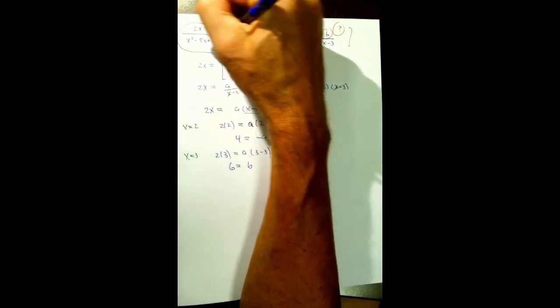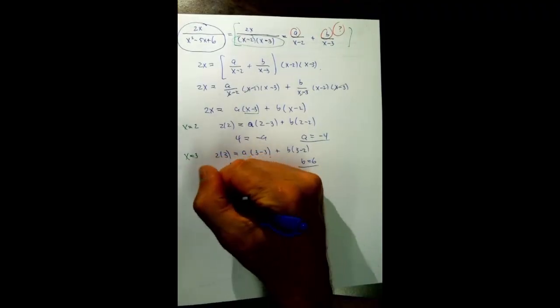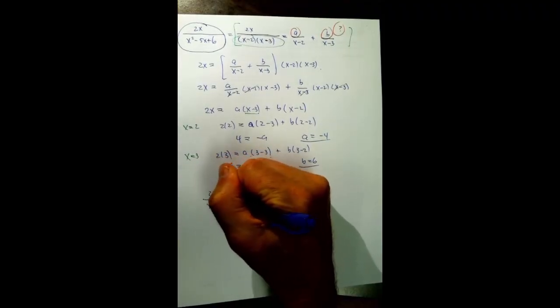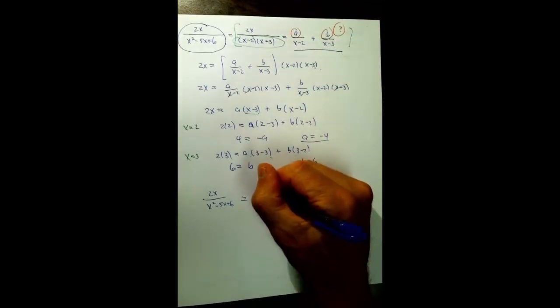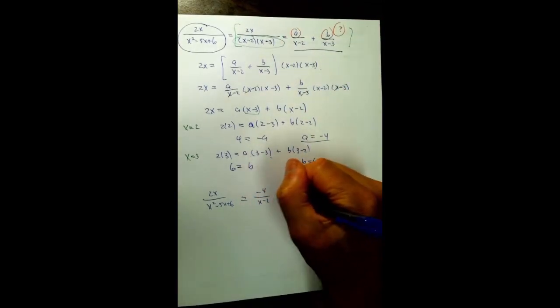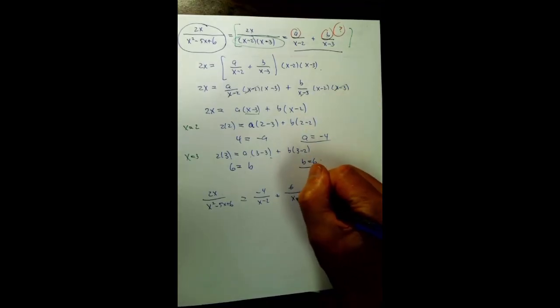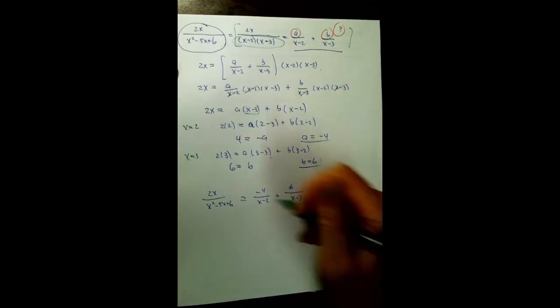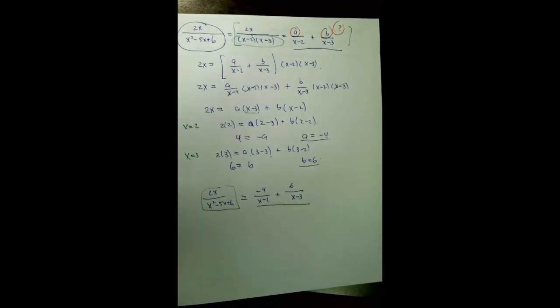So my original expression is that thing. And I want to write it in this form, but I now know that a is minus 4 and b is 6. And if I don't like working with this, that is much easier to work with.